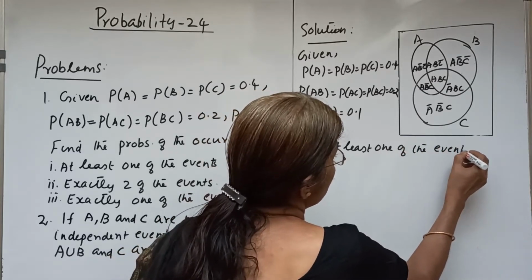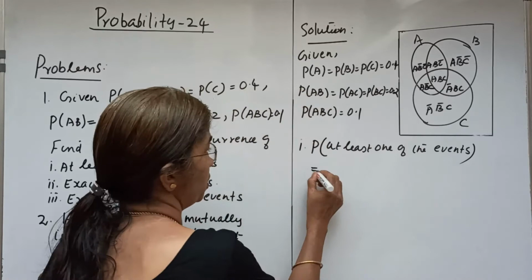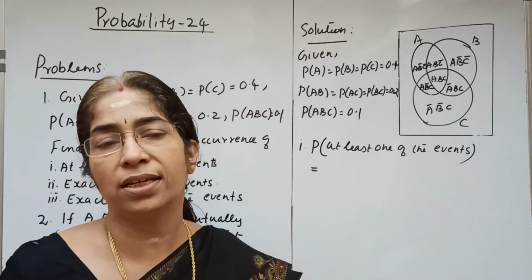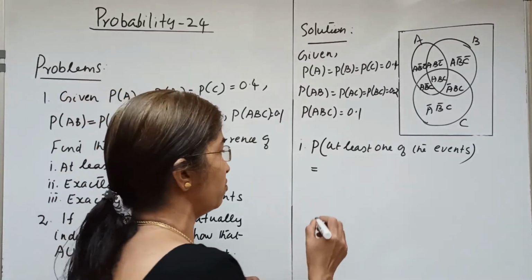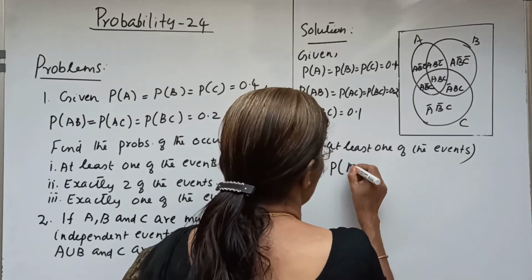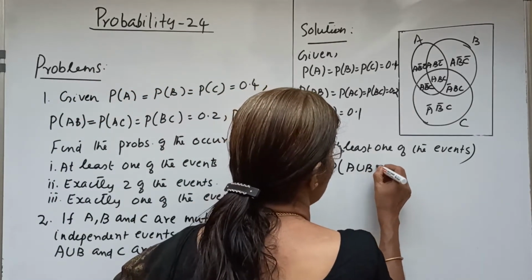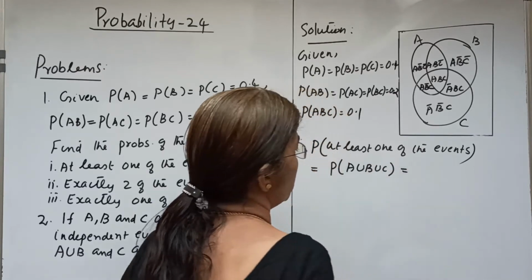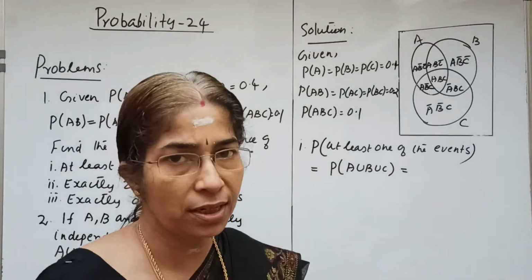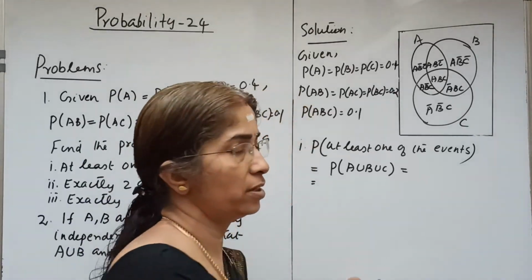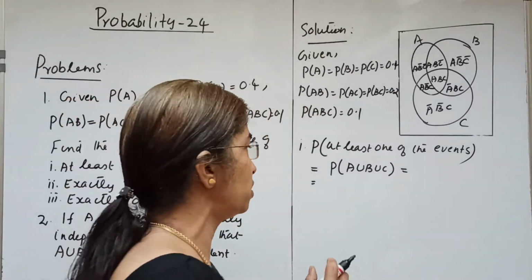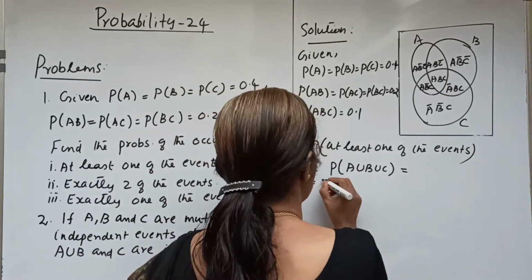which is expressed, for the three events A, B and C, at least one of the events is given by the expression P of A union B union C. So the formula, the result for the addition theorem for three events, what is it?